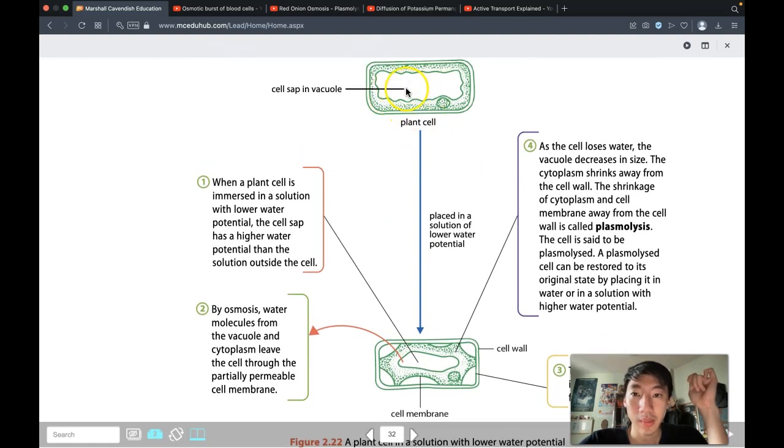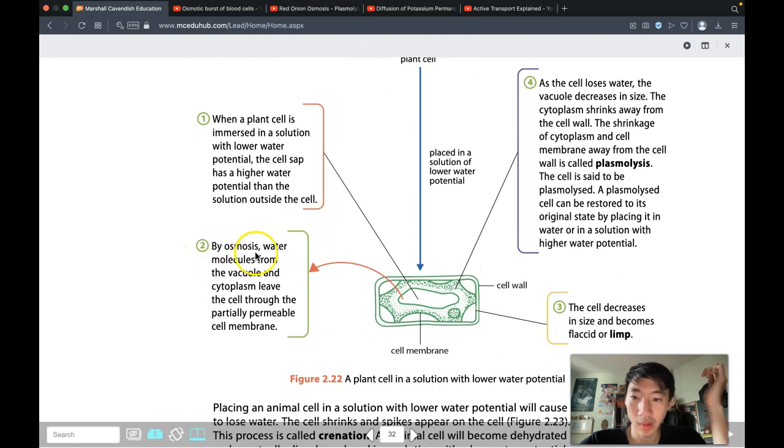Okay, so inside the plant cell, we have cell sap, right? It has amino acids, sugars, salts, all inside the cell sap. That gives the cell sap a certain water potential. When you put it into a solution of lower water potential, what we see is that the cell sap will have a higher water potential than the solution outside the cell.